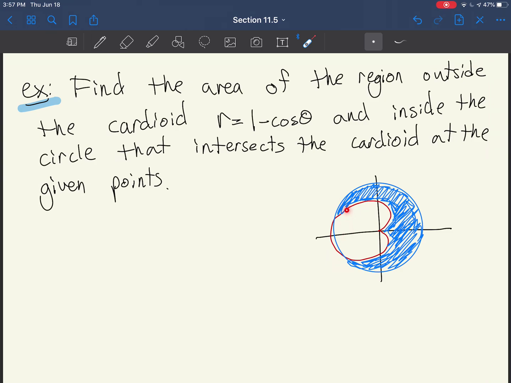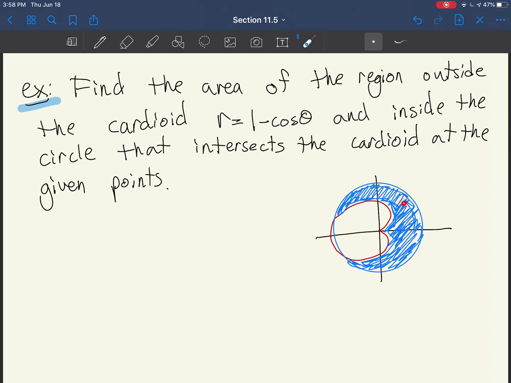And notice this would be very difficult in Cartesian coordinates, just because if you draw your lines going up to see what the radii would be, you would have to break it up into like 4 different integrals. You have this integral that has outer region, the circle, and then inner region, the cardioid.